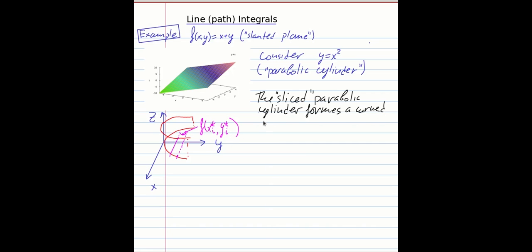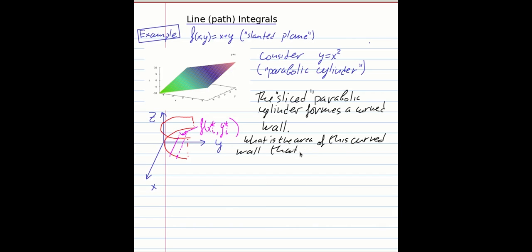So the question is, what is the area of this curved wall?